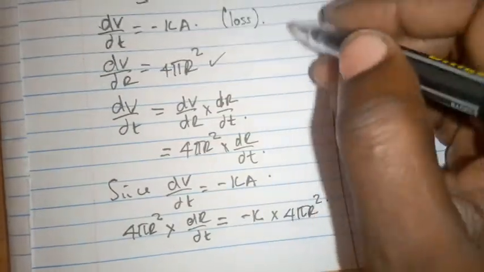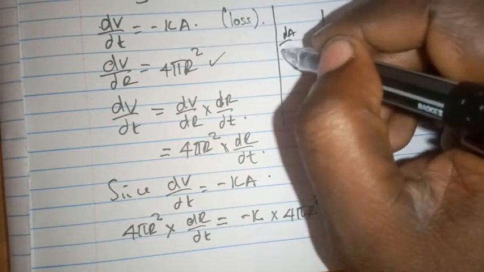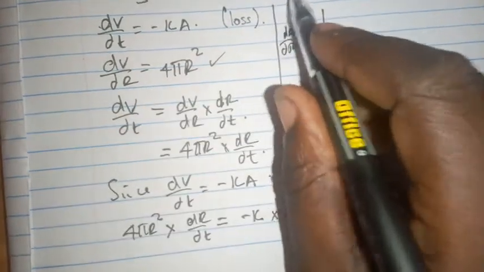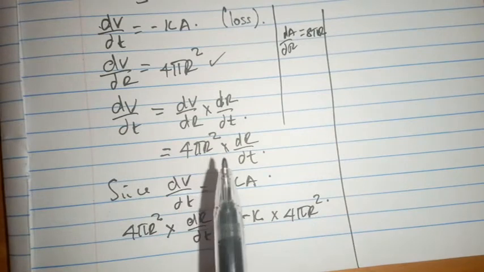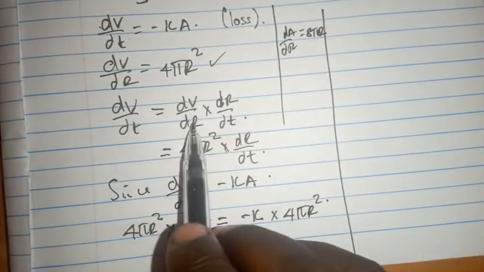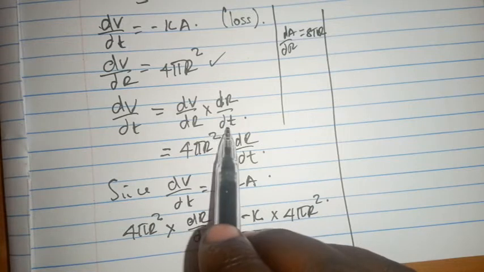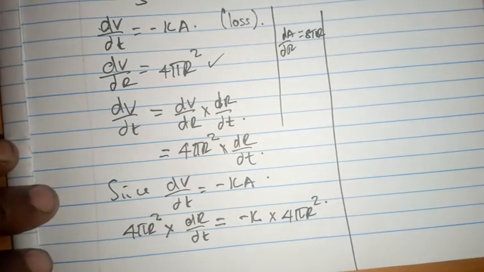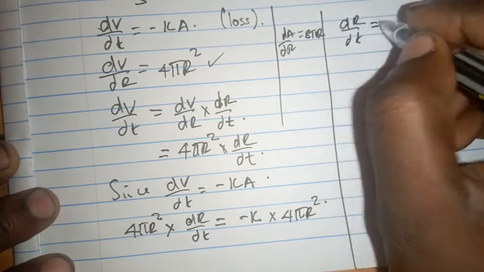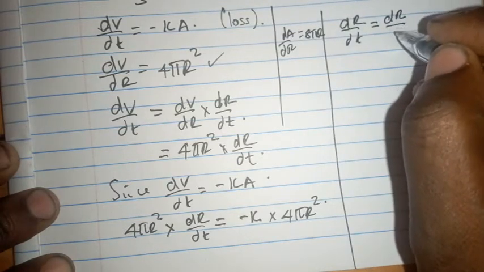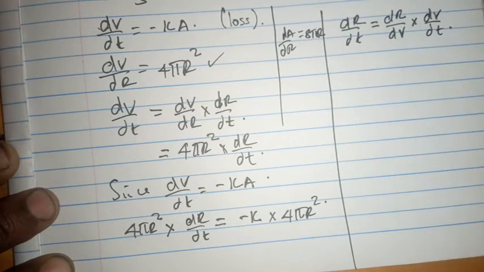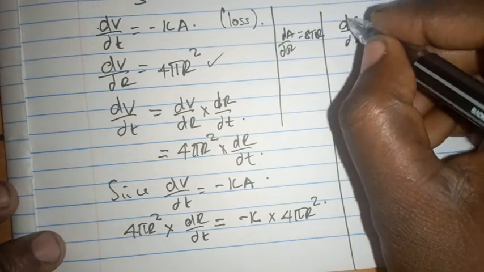We can even get dA/dr, which is 8 pi r, although I don't know whether we need it. dV/dt, which is already given, equals dV/dr multiplied by dr/dt, which we are finding. So dr/dt equals dr/dV times dV/dt.